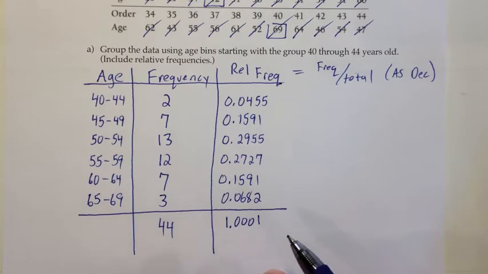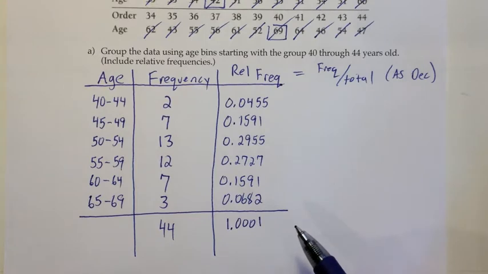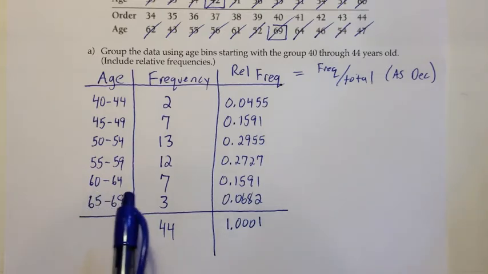The more you get away from the 1, the more suspicious you should be that you've made some error other than rounding. But if you're just off by 1 digit in the last place, often that's just rounding error and not any mistake that you need to fix. So that's what our group data table would look like, where we're going to list the age bins, the frequency, and the relative frequency.